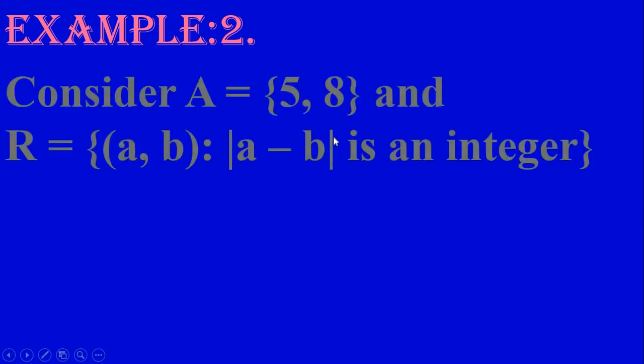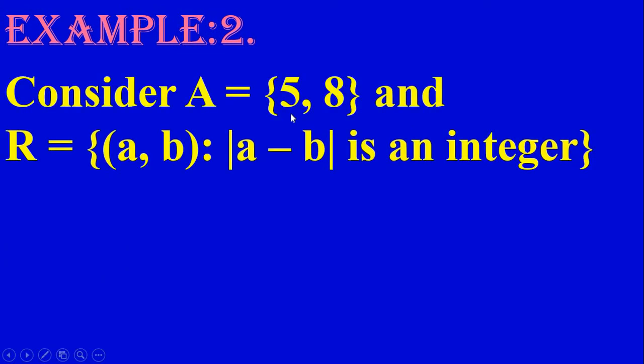Consider example 2. Consider set A equal to {5, 8} and the relation R equal to the set of all (a, b) such that mod of a minus b is an integer. Now 5 minus 5, 0 is an integer, 5 minus 8 is also an integer, 8 minus 5 is also an integer, 8 minus 8 is also an integer.